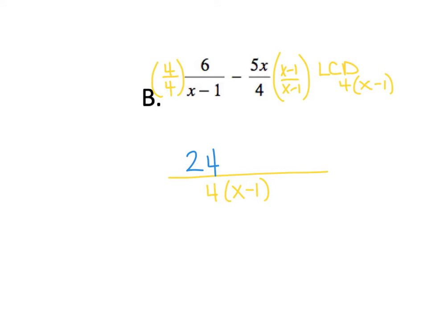So this would be negative 5x squared plus 5x. Now I'm just going to clean this up a little bit. This would be negative 5x squared plus 5x plus 24.